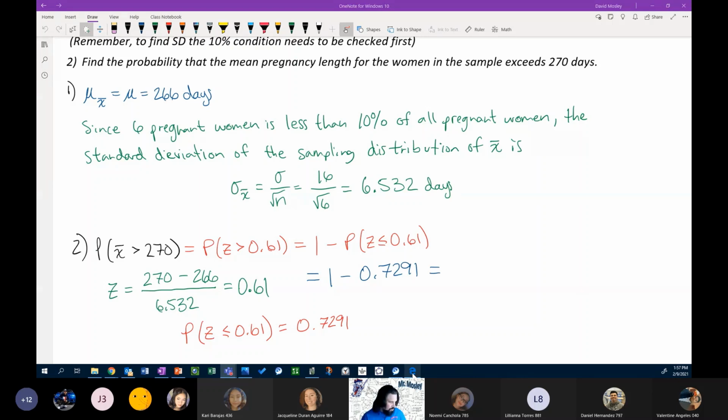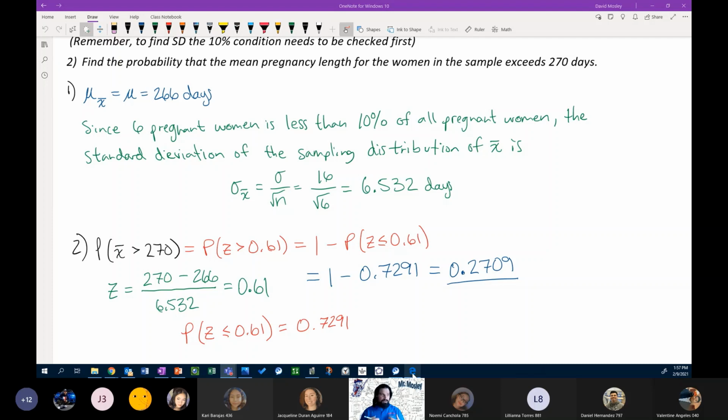And that's equal to approximately 0.2709. And this is the probability that the mean pregnancy length for the women in the sample exceeds 270 days, about 27%.